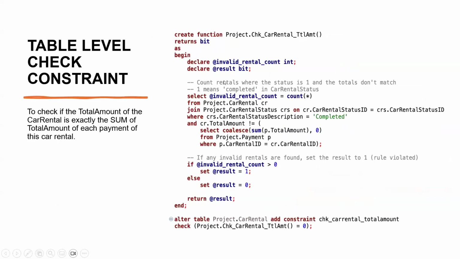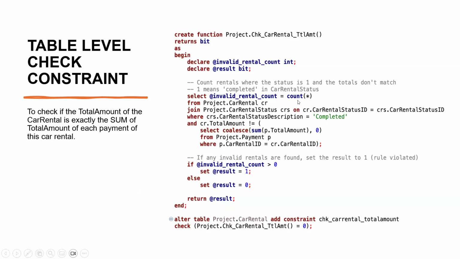And how this function works is that we will return a bit, and if it returns 1, then we've got a trouble because it has to be 0. So how do we check whether it is 1 or 0? We have a SQL here to count if there's any car rental transaction which has been completed, but the total amount of this car rental is not equal to the sum of the total amount of each payment of this rental.